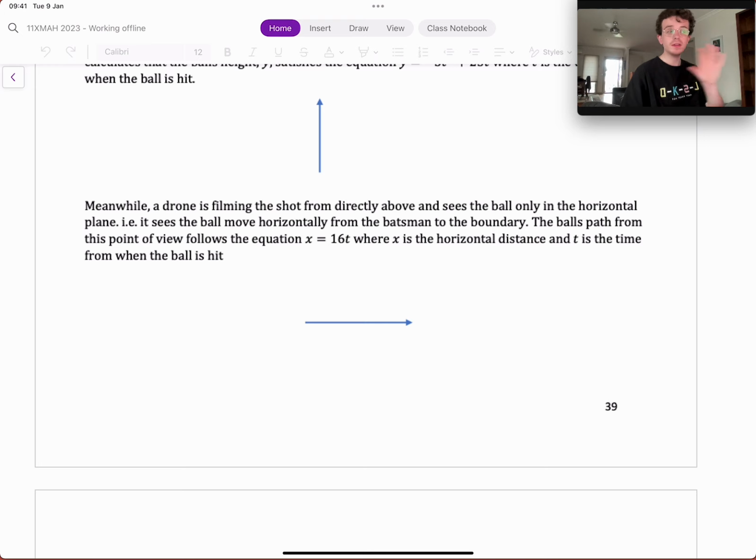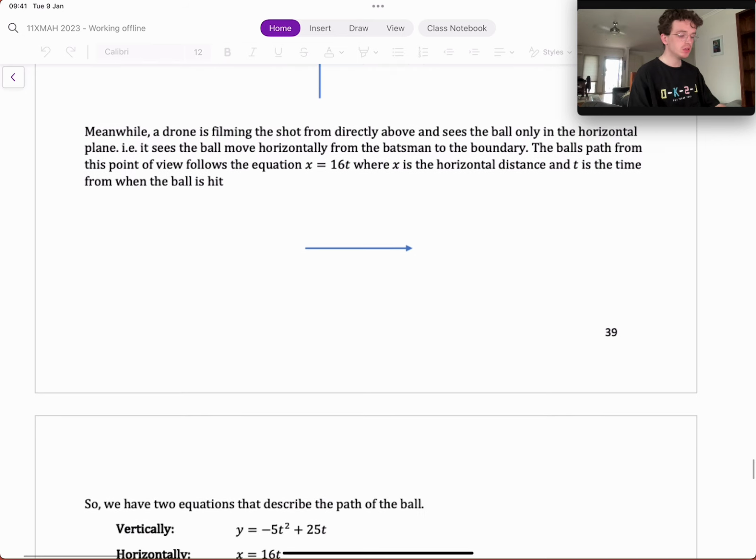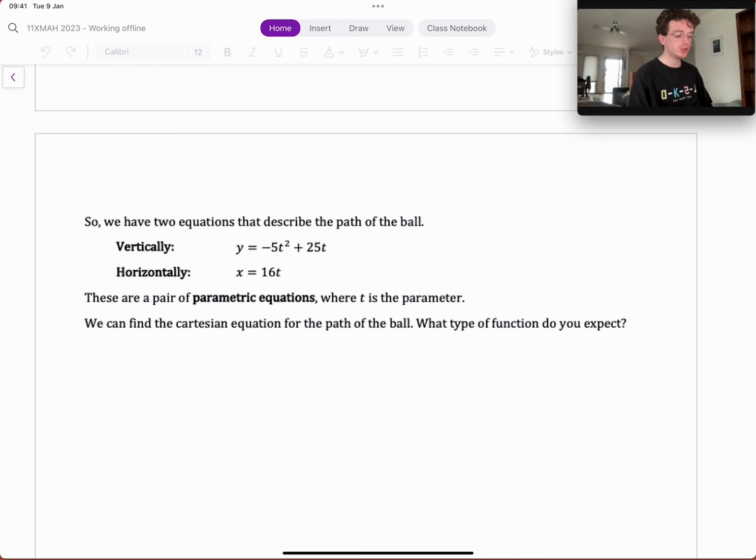Meanwhile, a drone that's filming the horizontal plane might only see the horizontal path of the ball and not the vertical, and he might come up with an equation that says x is 16t. So we have what we call two parametric equations, the vertical and the horizontal.